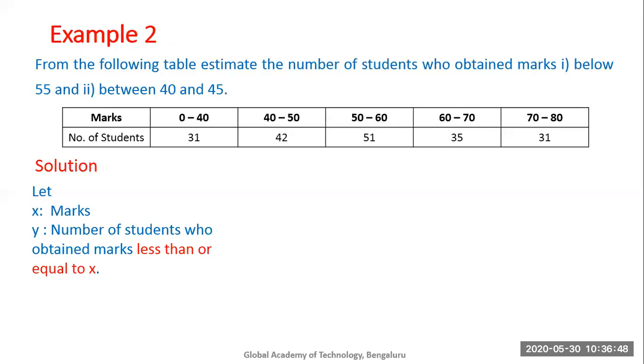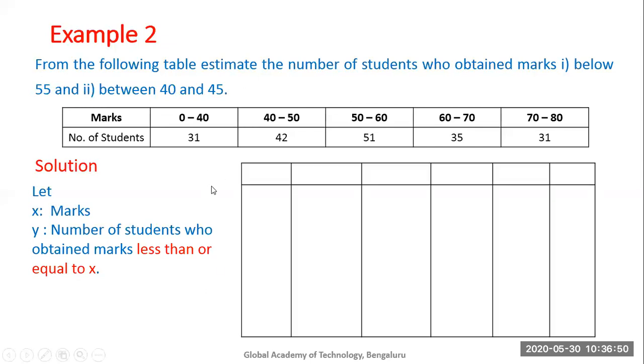Using this, let me consider the table now. x is the marks. So I start with 40, then 50, 60, 70, and 80. I take these end points of the interval as x values.